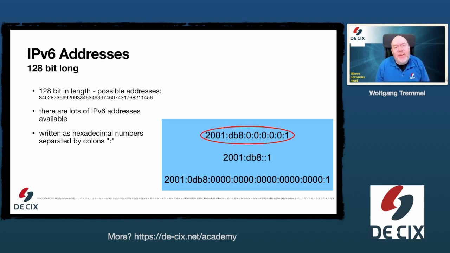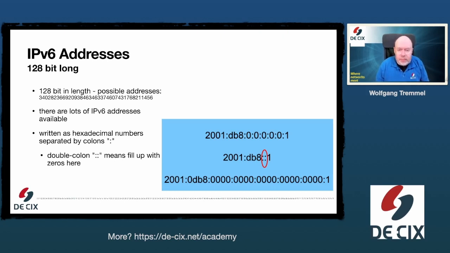But there is a way to shorten these addresses if there are a lot of consecutive zeros. So the double colon here means fill up with zeros. So all these 3 addresses you see here are actually the same address, just with the shorter writing of the double colon. Also in IPv6, not all addresses are usable. Some are reserved, but still it's a lot more addresses than IPv4.